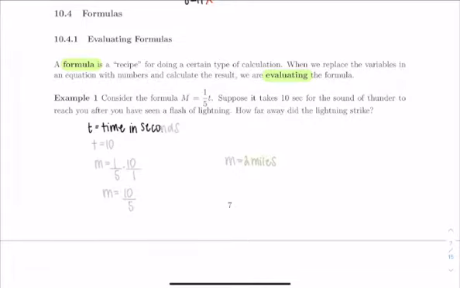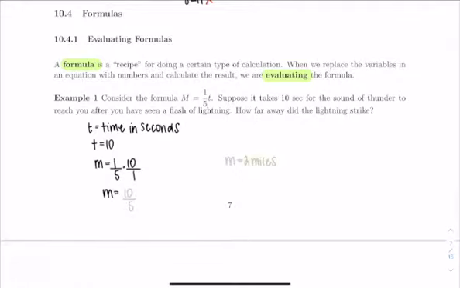What I was given in the problem was t equals 10 seconds. And so plugging that into my formula, we get 1/5 times 10. But remember, when we're multiplying fractions, we multiply across the top and bottom.